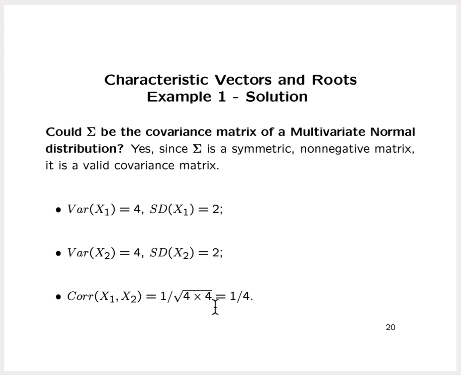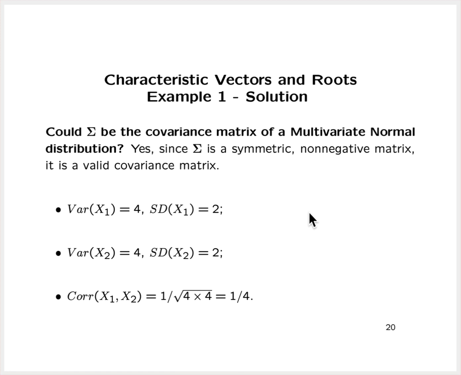Now, the answer is yes, and here's why. In order for a P by P symmetric matrix to be possibly the covariance matrix of really any distribution, not just multivariate normal, in order for it to be a valid covariance matrix, it has to be non-negative.